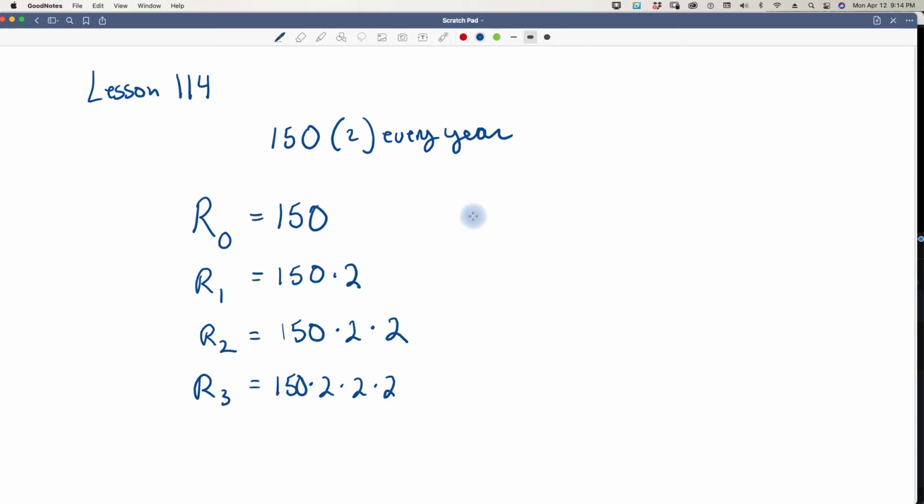So we could also write it like this: 150 times 2 to the 0, 150 times 2 to the 1, and we know that we usually just don't write that. This is 150 times 2 squared, and this is 150 times 2 cubed, right?